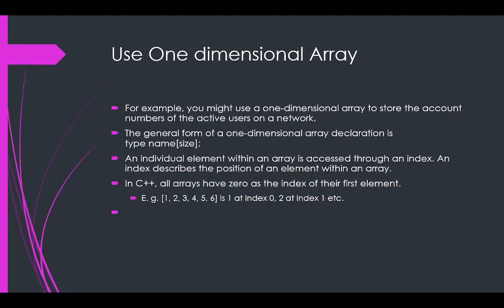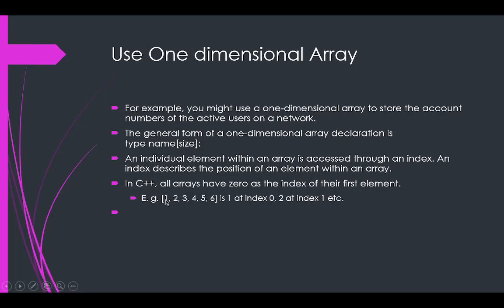So an individual element within an array is accessed through an index. An index describes the position of the element within an array. So when we say string name in here and give 5 as the value, what happens in the storage is that your values are distributed like this.